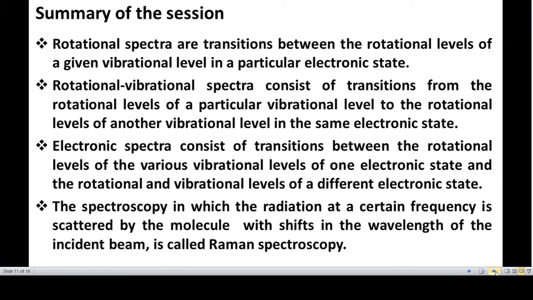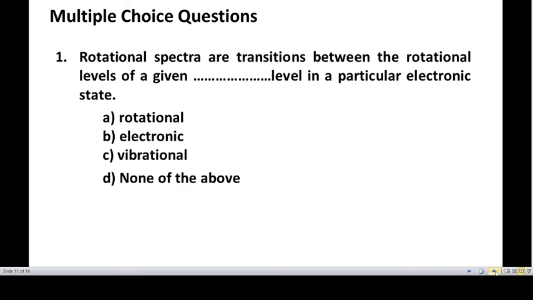Electronic spectra consist of transitions between rotational levels of various vibrational levels of one electronic state and the rotational and vibrational levels of a different electronic state. The spectroscopy in which the radiation at a certain frequency is scattered by the molecule with shift in the wavelength of the incident beam is called Raman spectroscopy.